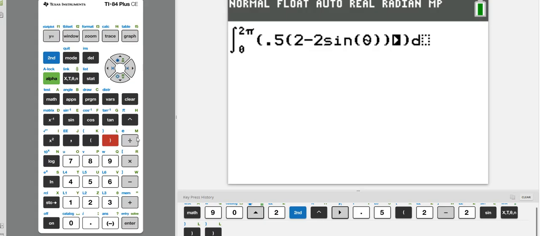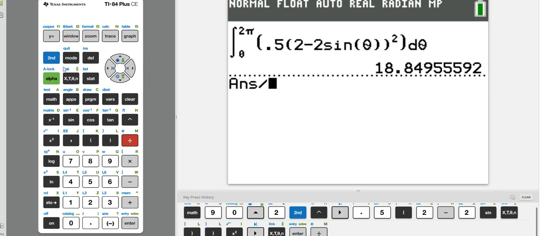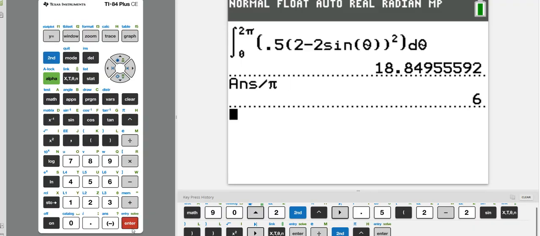Make sure these parentheses are balanced. So this parenthesis and this one close off that 2 minus 2 sine of theta. I want to square that, and then d theta. If you divide out by pi, you should get a nice 6. So that tells us that this is actually equal to 6 pi.